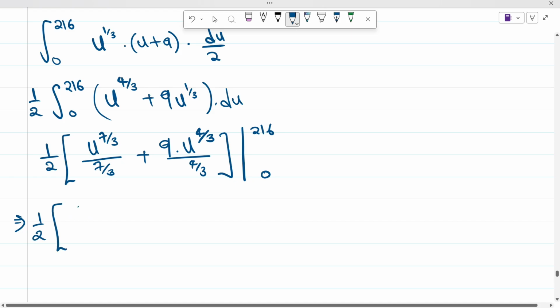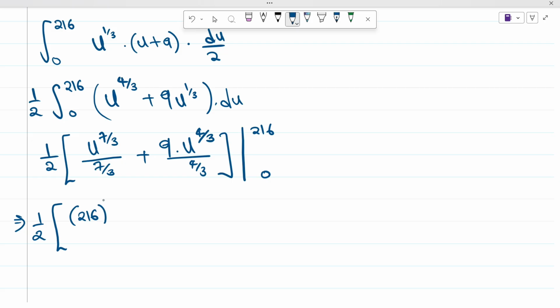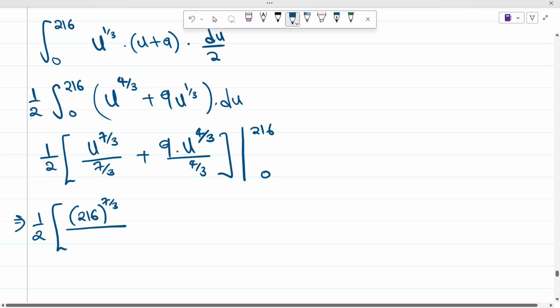I substitute everything there, 216 to the power of 7 over 3 divided by 7 over 3, plus 9 into 216.